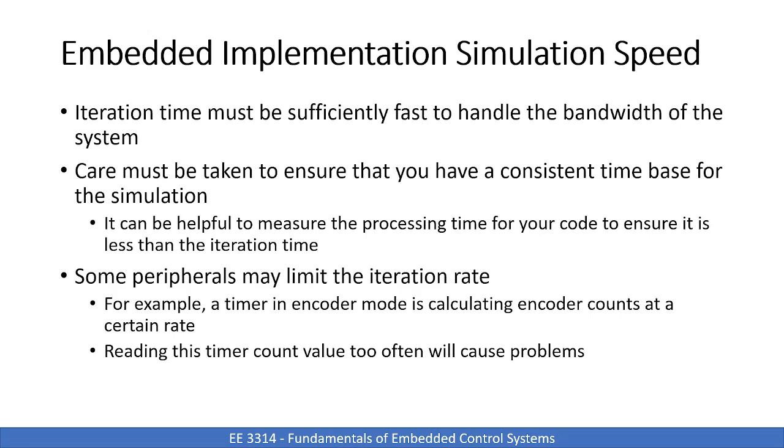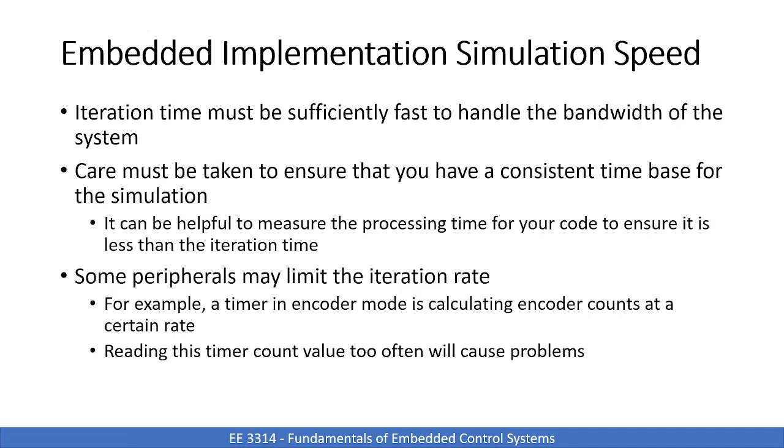Care must be taken in this embedded implementation to make sure that you have a consistent time base. You don't want the iteration time to be changing. So we don't want to just go in our infinite while loop and do a bunch of calculations, because that time base might be changing depending on the size of all these numbers that you're multiplying to calculate the controller.